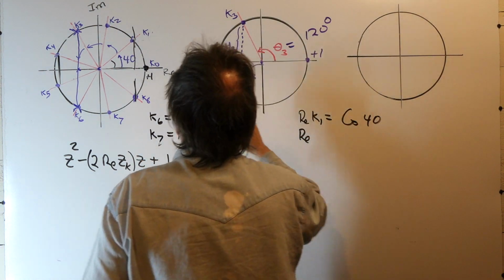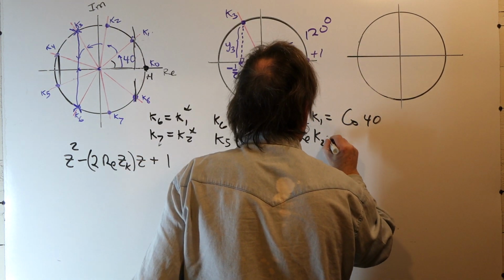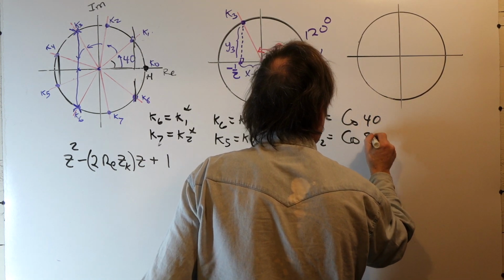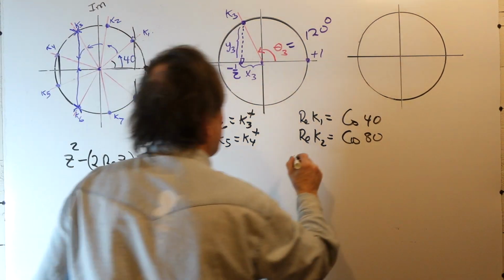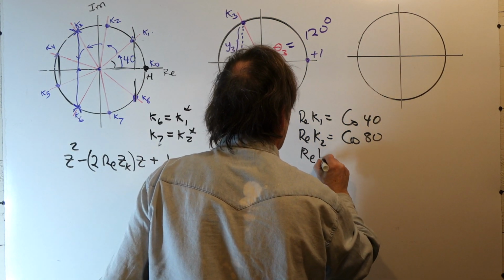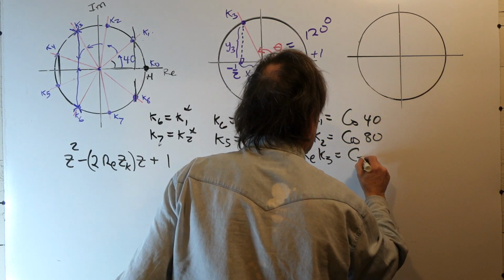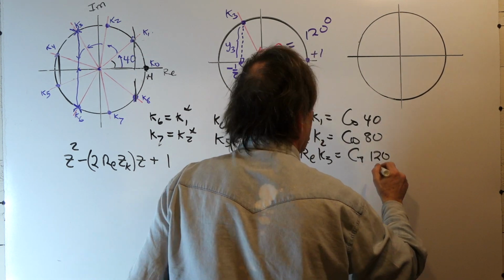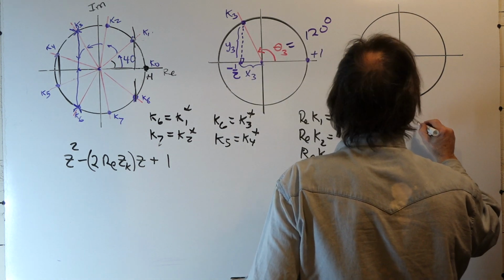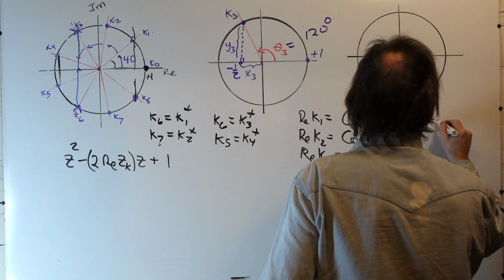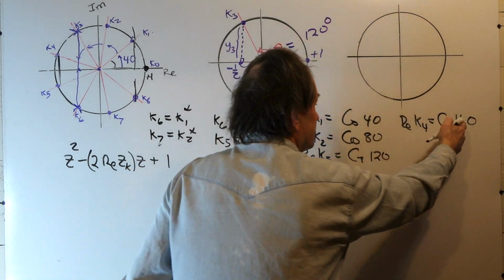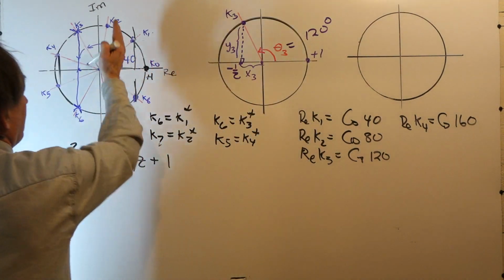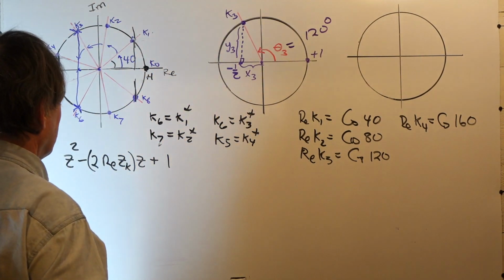The real part of K2 is going to be the cosine of 80 degrees. We're moving up 80 degrees. Real part of K3 we just determined was the cosine of 120. And the real part of K4 will be the cosine of 160. We just increment by 40 degrees as we step along the unit circle.